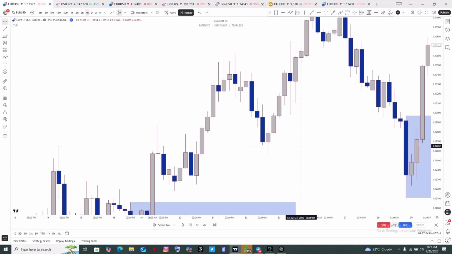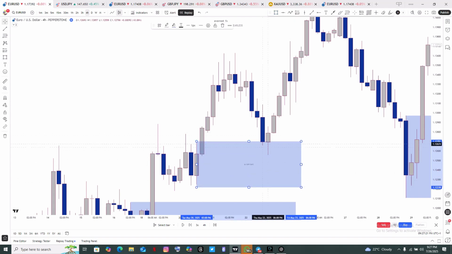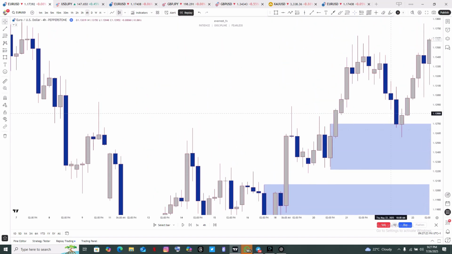And when the demand for any product is high, the price keeps going up. So the same thing applies to the market. The market moves from supply to demand and demand to supply. You can see price respected it.